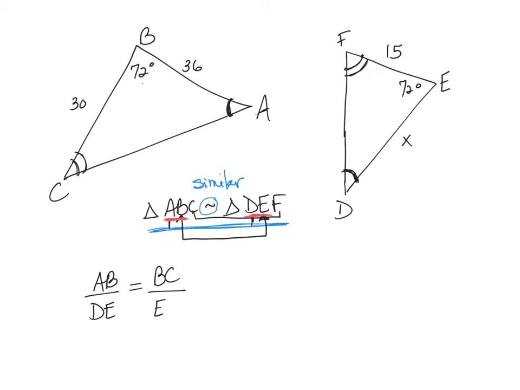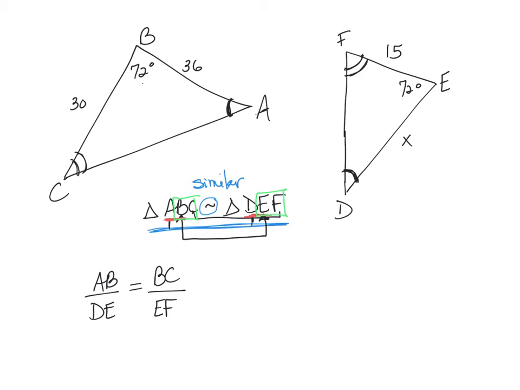So that means EF corresponds to BC. And again, if I pull it from my similarity statement, BC is the last two letters of the statement, so therefore it's going to correspond with the last two letters in the other triangle as well.